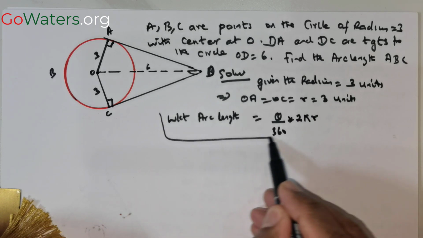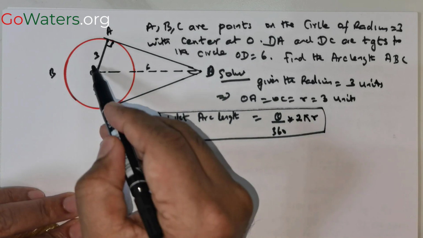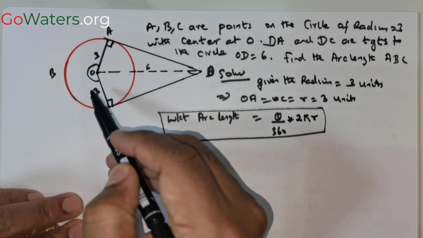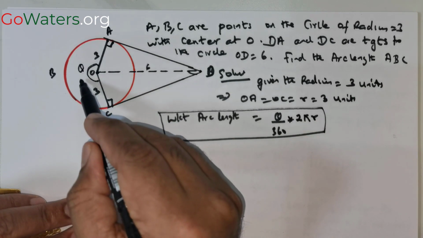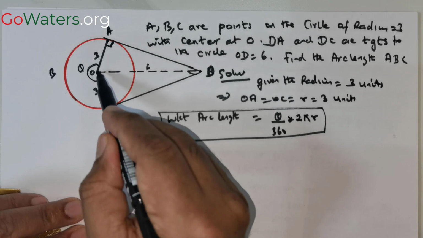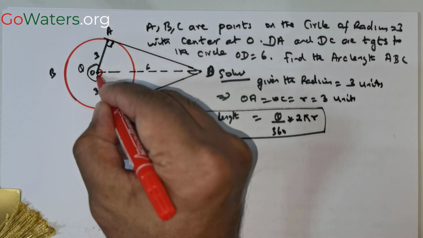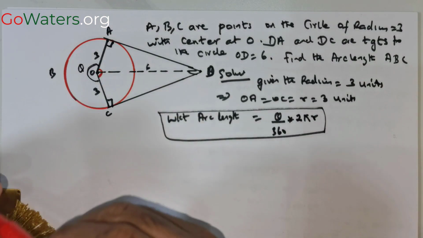So this is the formula that we would be using. So for this we need to know theta. Now this is the angle which we are interested in. We need to know this angle. This angle would represent theta, but to get this angle we need to extract this angle which is located over here. Only if we know this angle could we easily deduce theta.